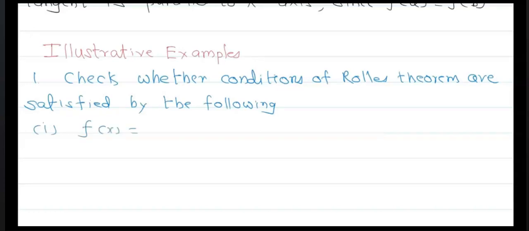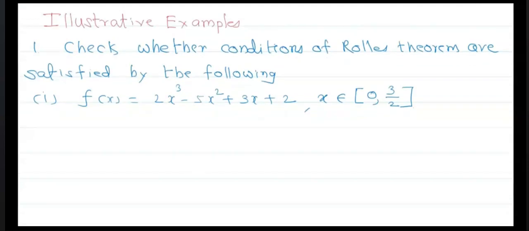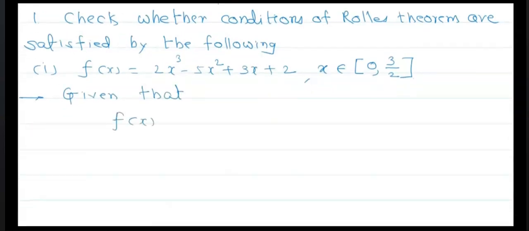First, f of x is equal to 2x cubed minus 5x squared plus 3x plus 2, where x belongs to the closed interval [0, 3 upon 2]. Now we are given that f of x is equal to 2x cubed minus 5x squared plus 3x plus 2. This is 1.